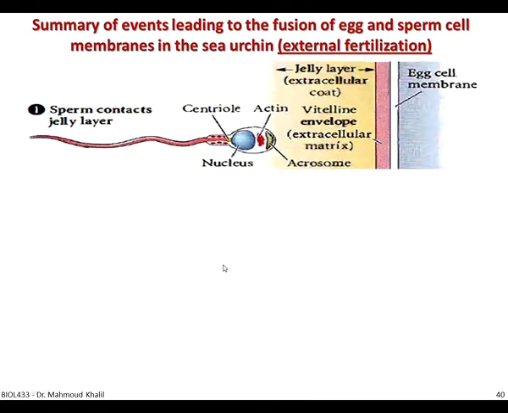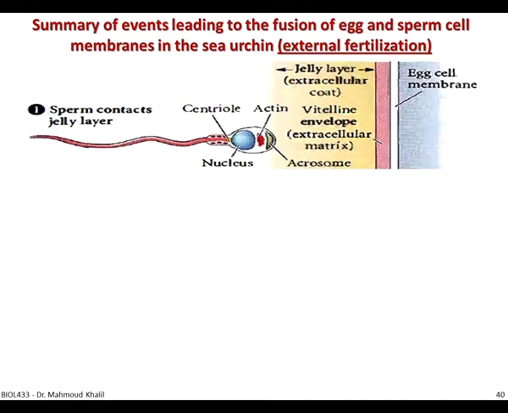So what happens? What is this external fertilization? Usually the female organism will lay eggs on the floor of the sea outside her body, and then the male sea urchin will discharge sperm outside of his body on top of the eggs.